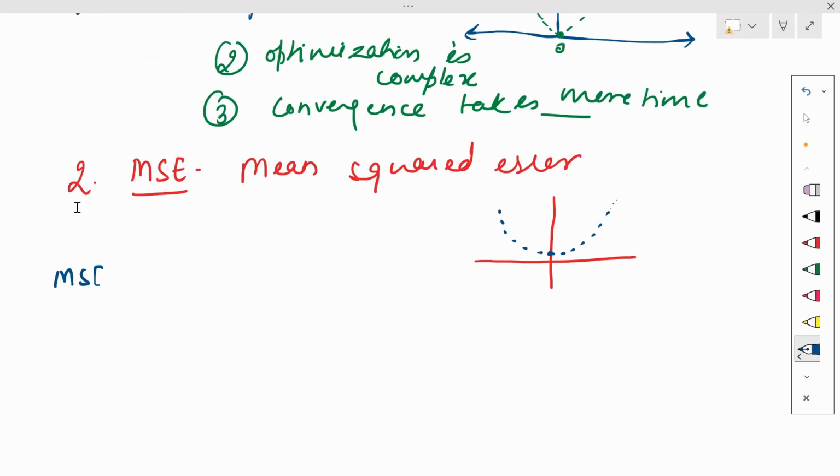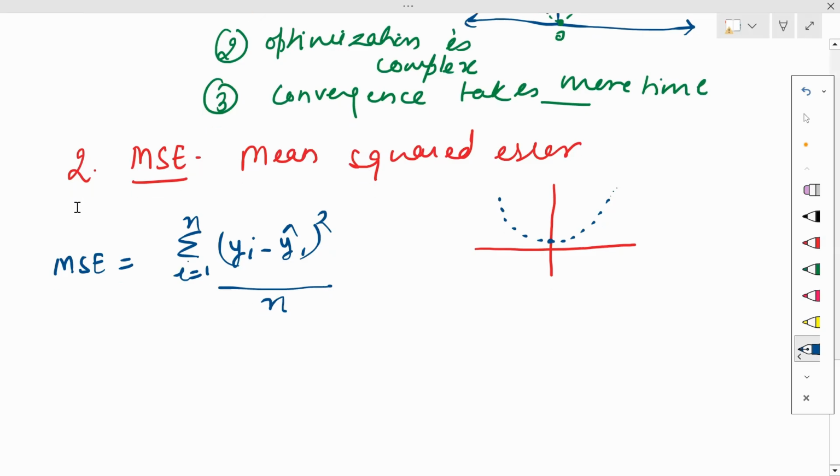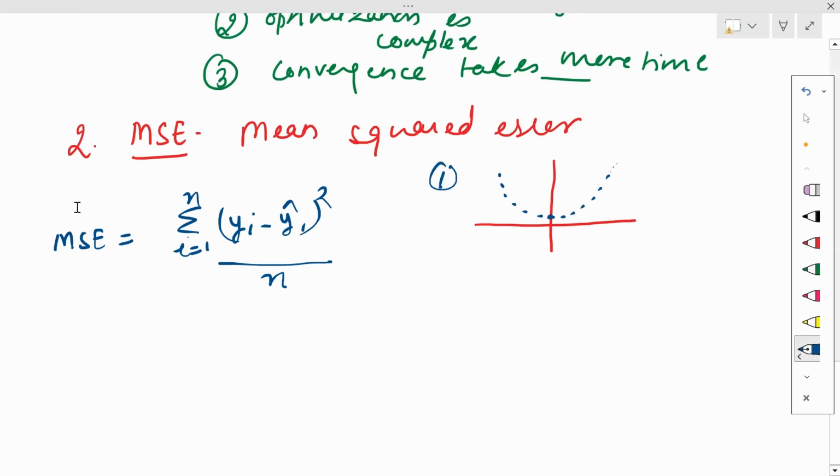The formula for MSE looks something like this: yi minus yi hat, whole square. This will be for one data point, but we need to sum it up for all n points. So to take the average, we can divide it by n. Now, this is one of the advantages of MSE, that its loss function is differentiable. The other one is it has only one local or global minima.